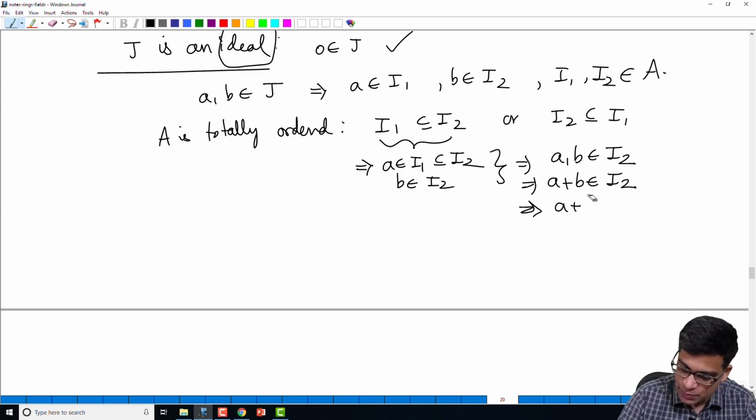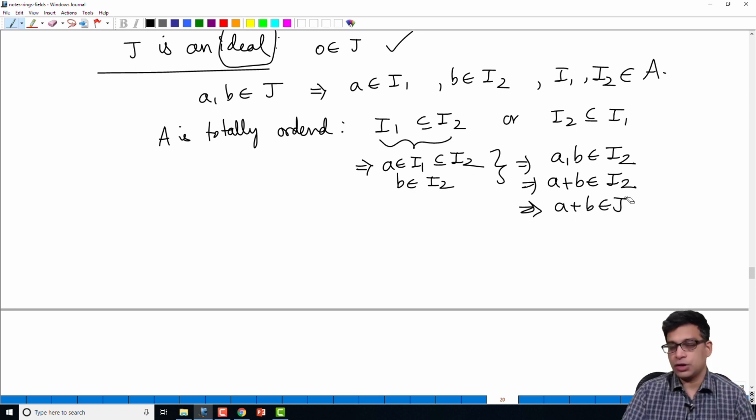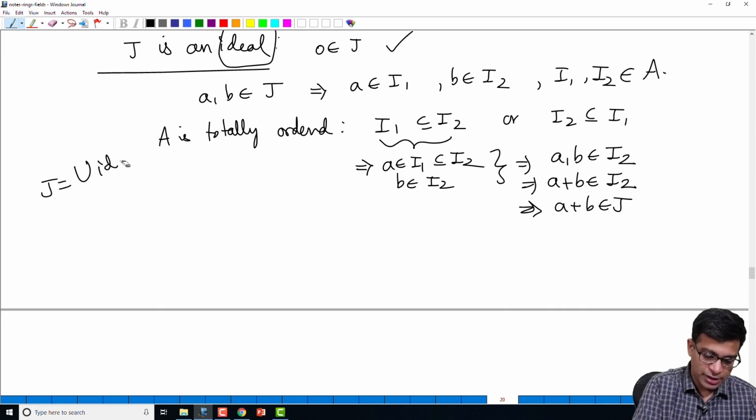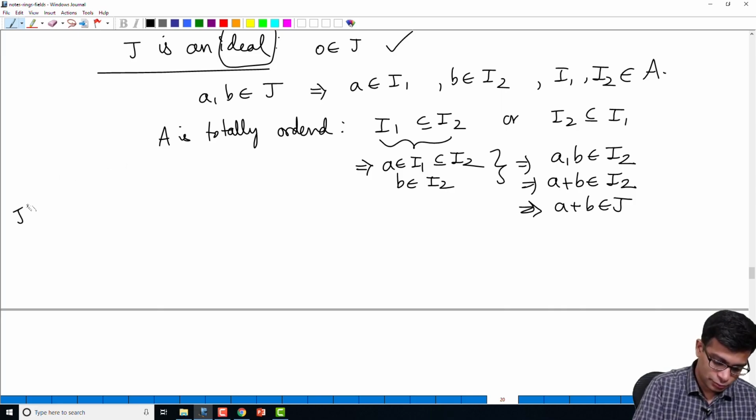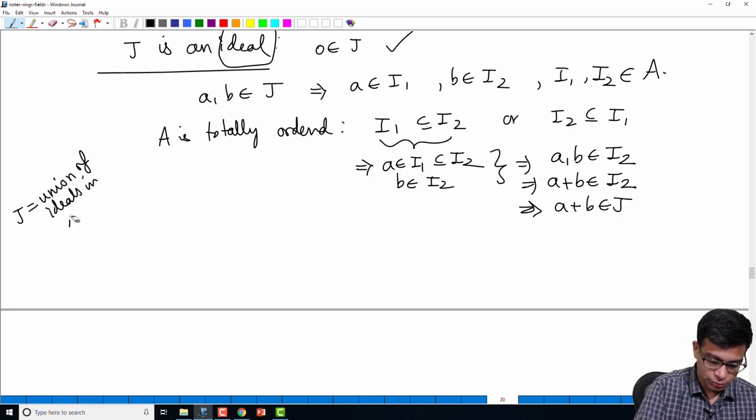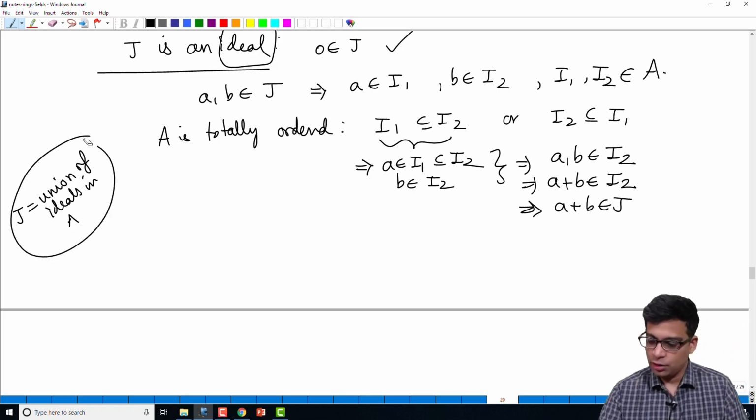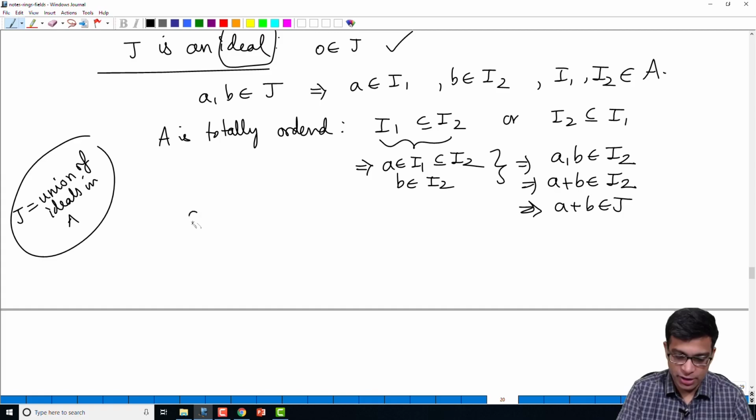But that means A plus B is in J, because I2 is contained in J. J is the union of ideals, I will write it again so that you can see. J is the union of ideals, so I2 is an ideal, A plus B is in I2, so A plus B is in J.